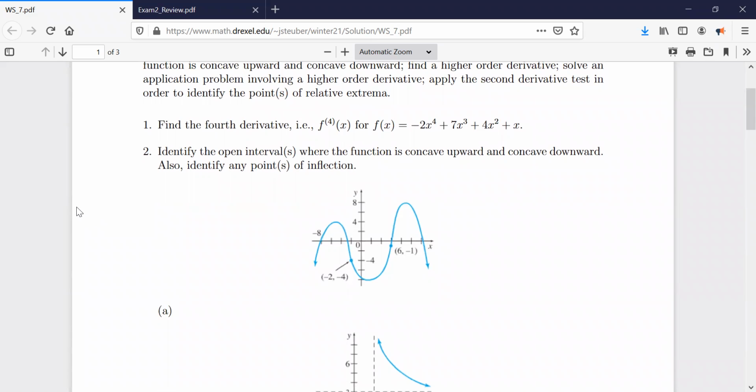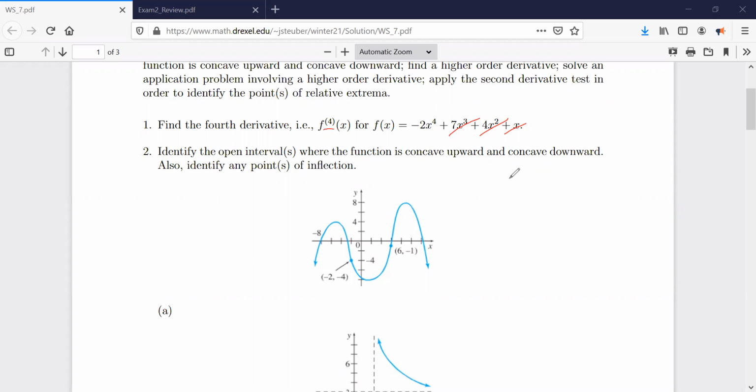So find the fourth derivative of this guy. These terms are all going to get wiped out because the power is less than 4. If the power of a polynomial term is less than the order of the derivative, it's just going to disappear, because at some point you're going to get to the constant, and the derivative of the constant is 0.